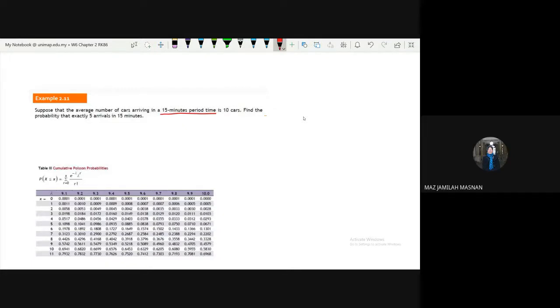Suppose that the average number of cars arriving in 15 minutes is 10. So we are talking about what? X is the number of cars arriving in 15 minutes.